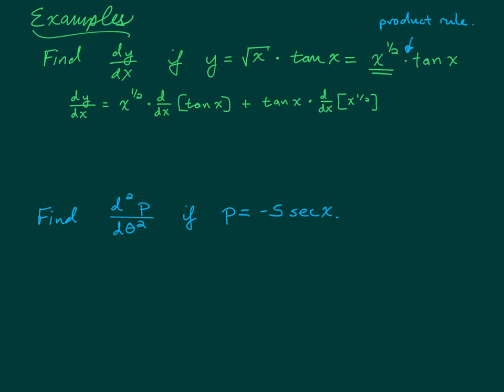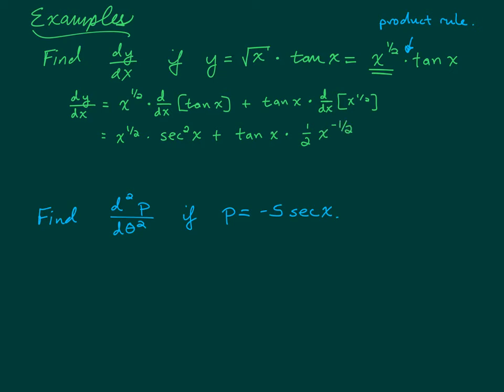So that allows us to write x to the 1/2 power times secant squared x plus the tangent of x times, by power rule here, for this term, will give you a 1/2 x to the negative 1/2.